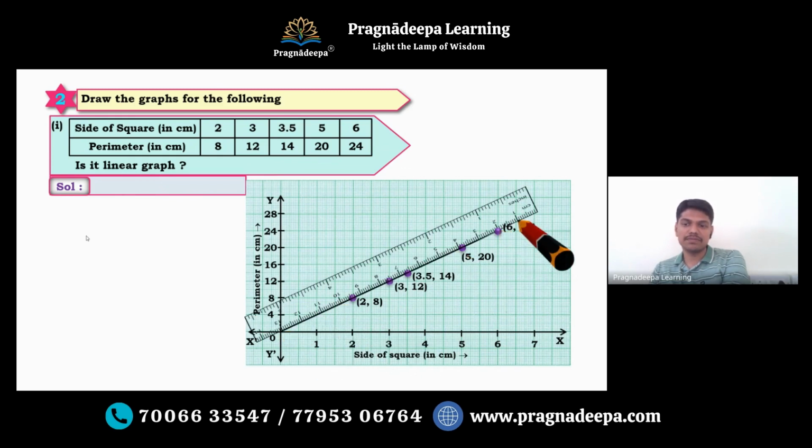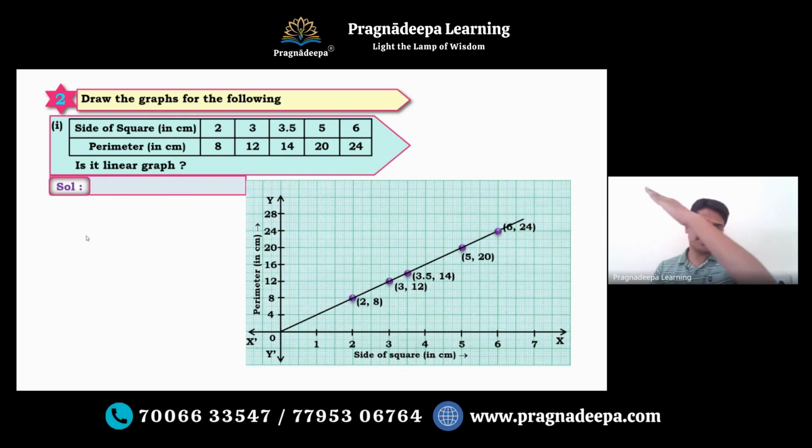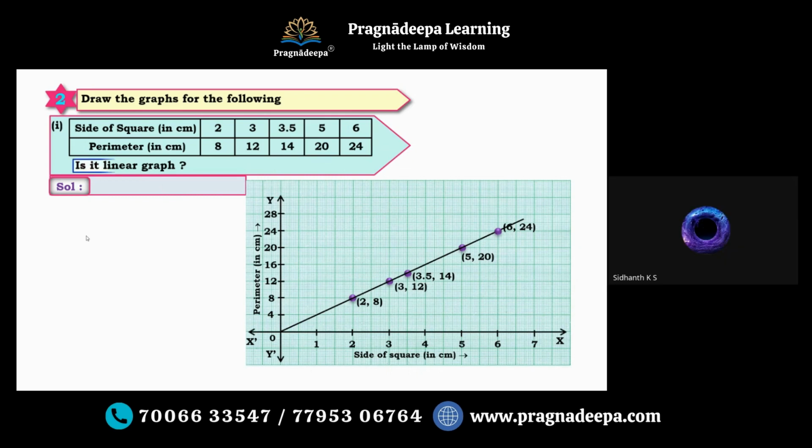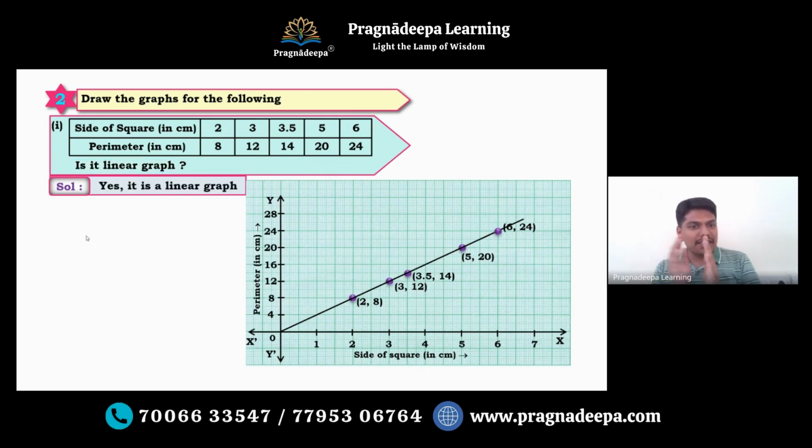Now tell me whether all the points lie on the same line. Yes, sir. That means all 5 points are collinear. Will you agree? Yes, sir. They are collinear. Therefore, can I conclude that it is a linear graph? Yes, sir.